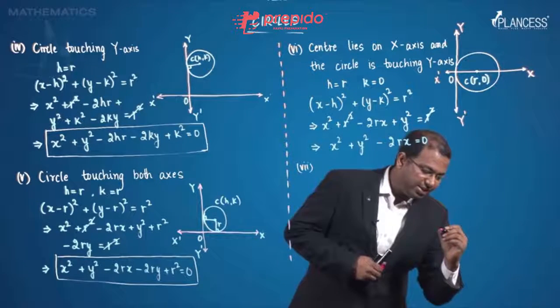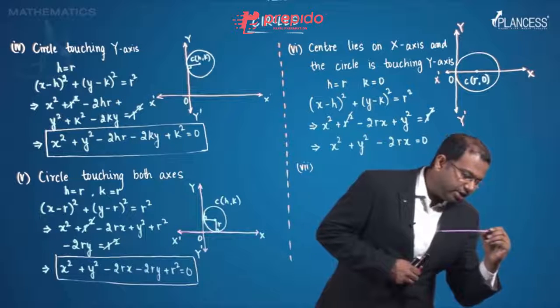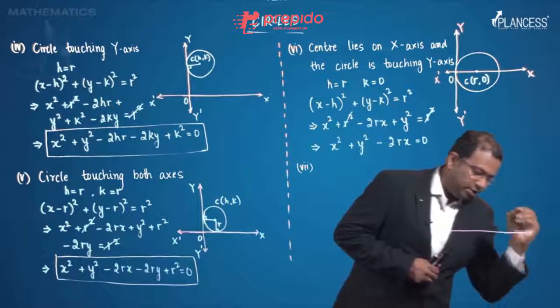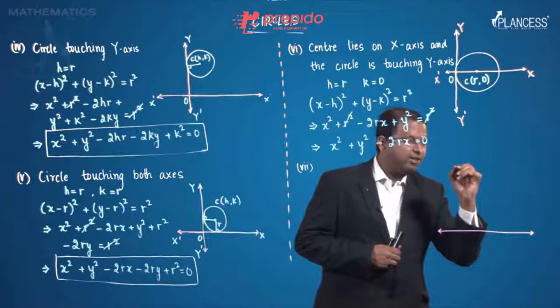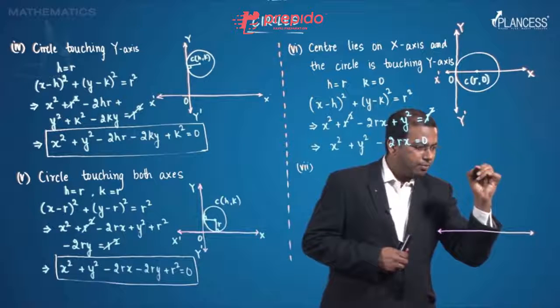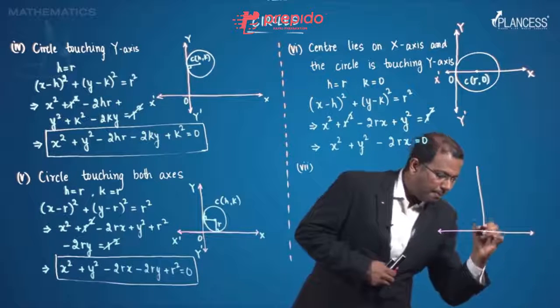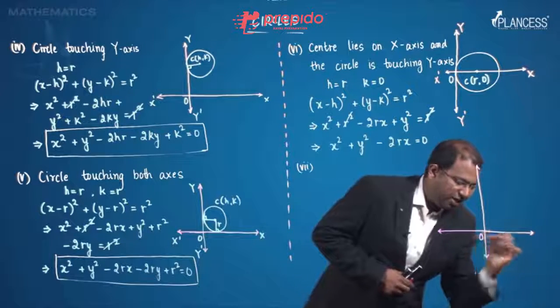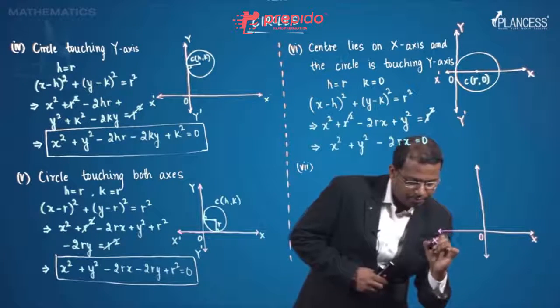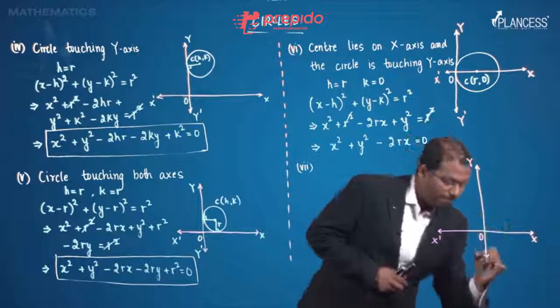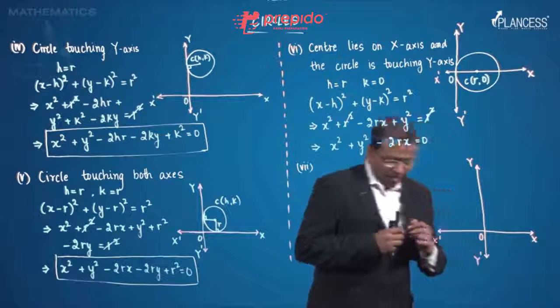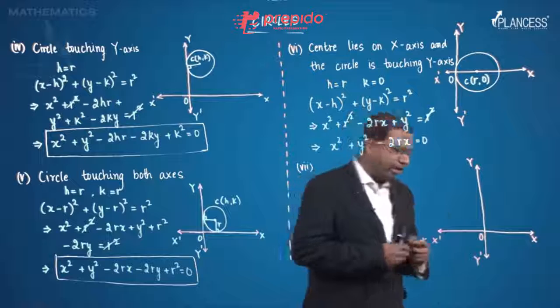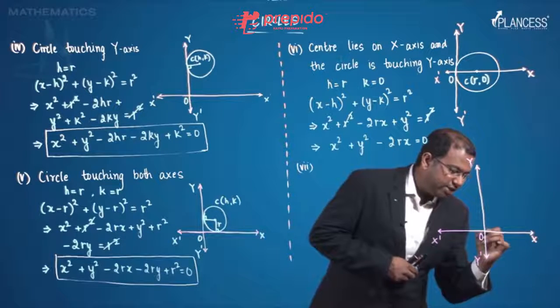So we now are going to look at maybe one last possibility, which is when the circle is touching the x-axis and the center is lying on the y-axis. So here is our axis, x and y respectively, and the circle which we are talking about in this case is this one.